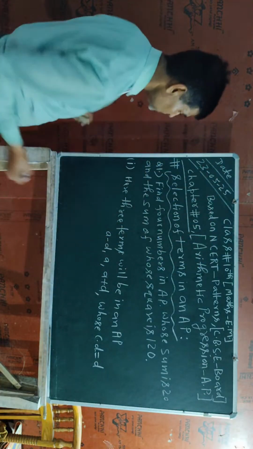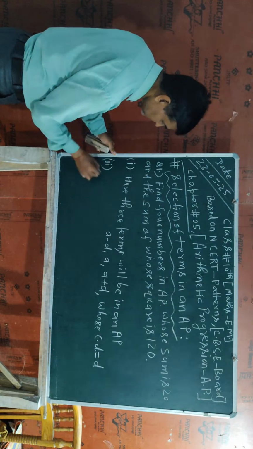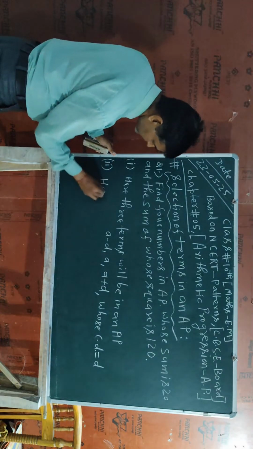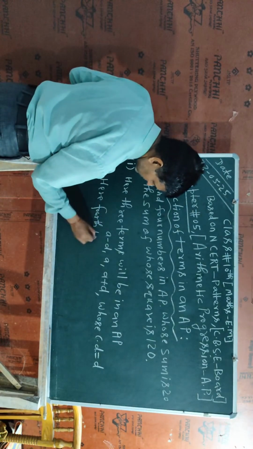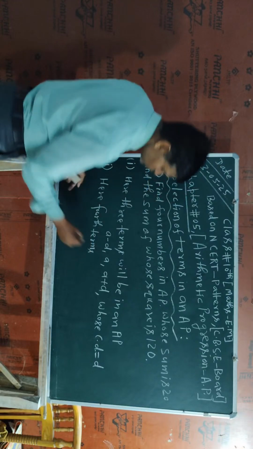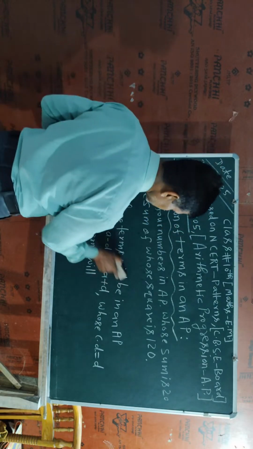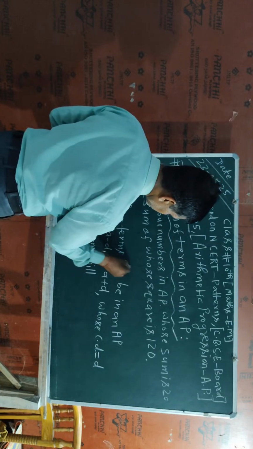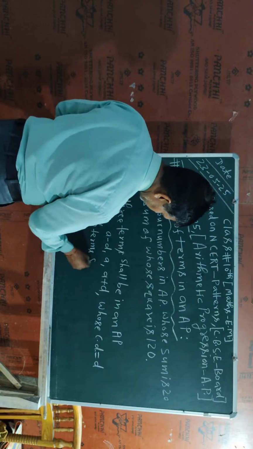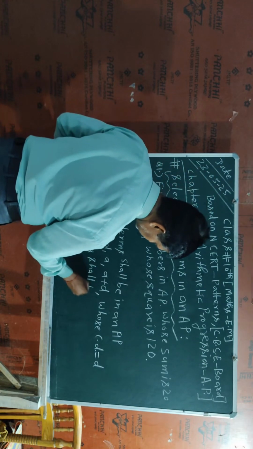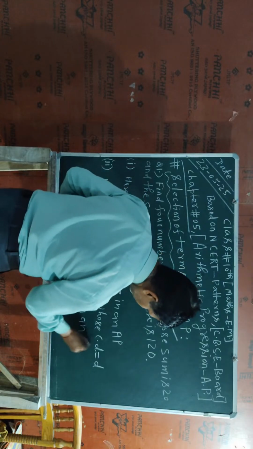Now if anyone says you have to take four terms in arithmetic progression, I will write here condition number 2. Four terms shall be in an arithmetic progression.